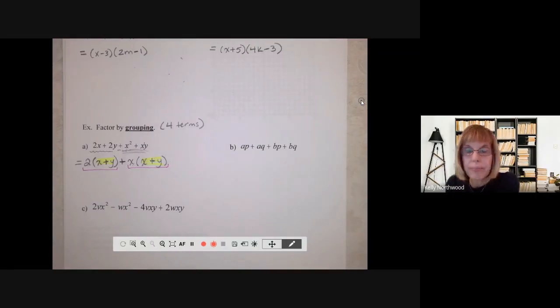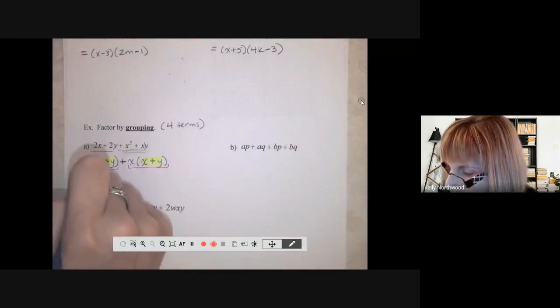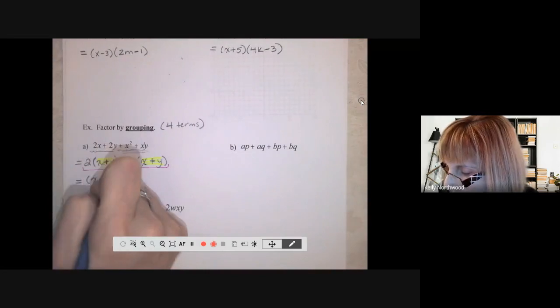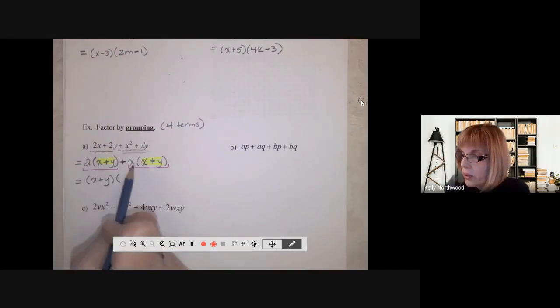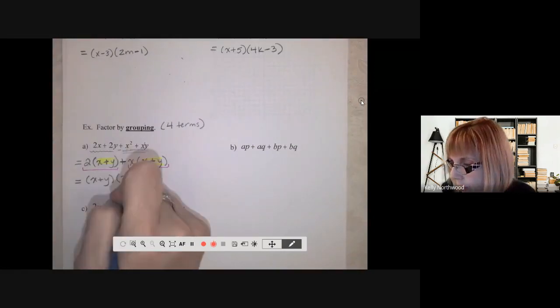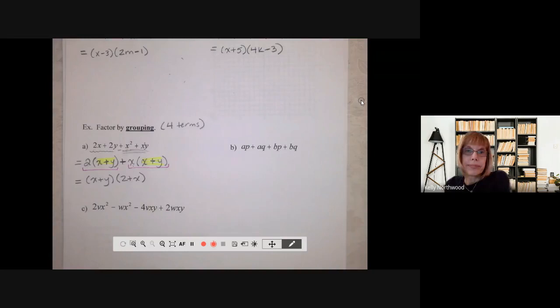So in this case, they match. We did it right. So x plus y is my binomial common factor. And the leftovers, 2 plus x, form the other factor. So that's how a grouping question works.